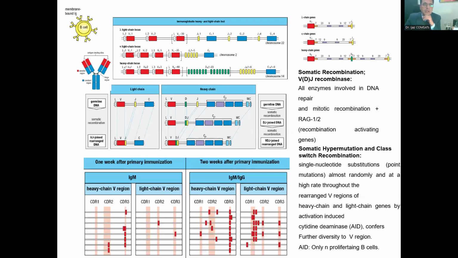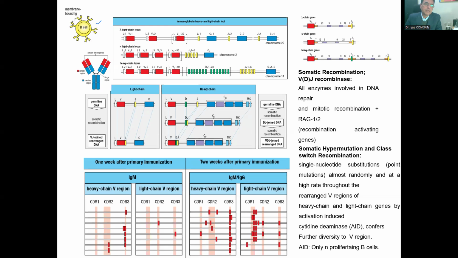Hello, guys. In this lecture, I will tell you how the B lymphocytes, or B cells, produce immunoglobulins or antibodies that are very diverse in nature. Every B cell produces a unique type of immunoglobulin or antibody that is part of its membrane.